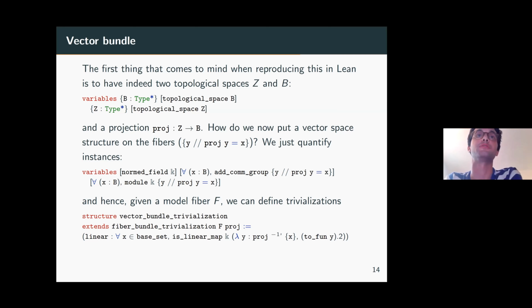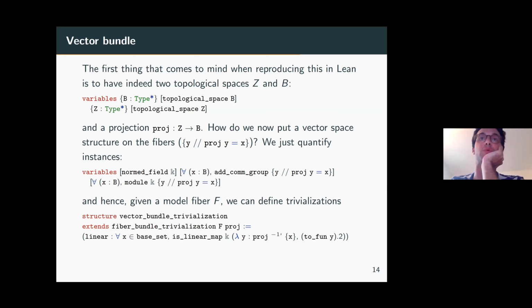And indeed, we start with two topological spaces in Lean. We start with our projection, and we put an instance of vector space on the fibers of the projection, which are meant to be the preimages of the points in the base space of the projection.